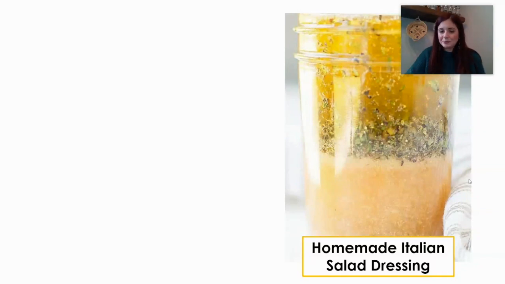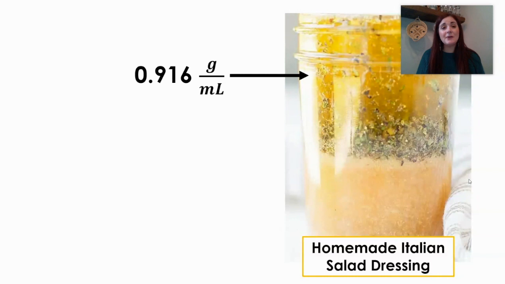But anyway, this top substance here has 0.916 grams per 1 milliliter. And that 1 milliliter is how much space it's taking up. So think about if you measure 1 milliliter in a graduated cylinder, that's how much space it's taking up. That oil would have a mass of 0.916 grams per that 1 milliliter.